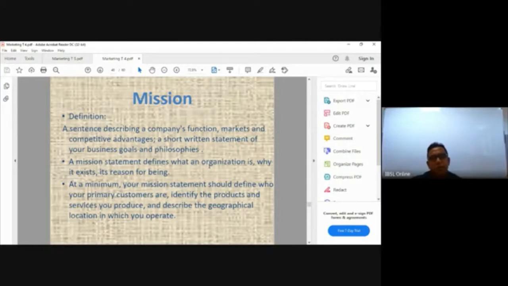So basically, mission is how vision is realized. Vision is the broad direction, and in order to achieve or realize the vision, a mission will explain in what way the vision is going to be realized or achieved.